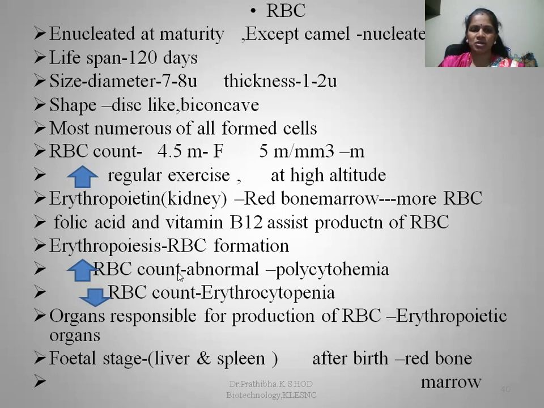Increased RBC count, sometimes abnormal, is known as polycythemia. Decreased RBC count is erythrocytopenia. Organs responsible for production of RBCs are known as erythropoietic organs; at fetal stage the liver and spleen are seen in production. After birth, production takes place in the red bone marrow.